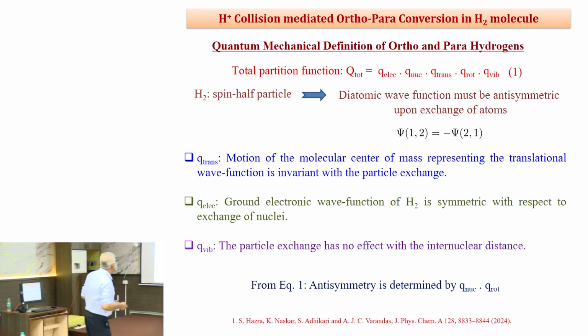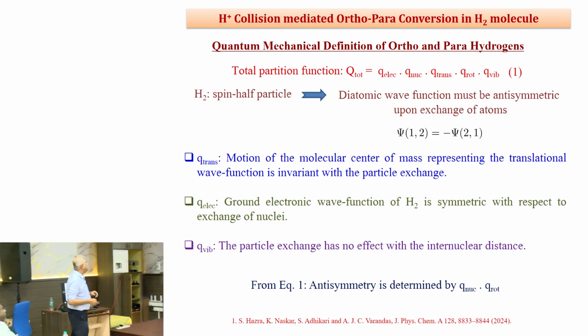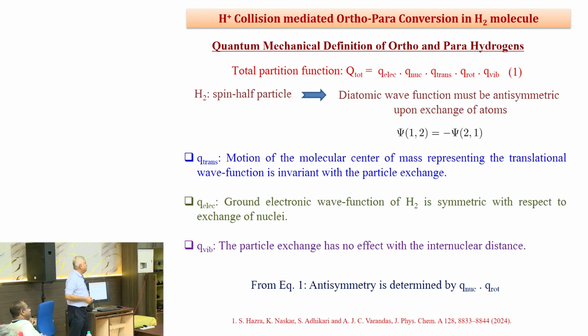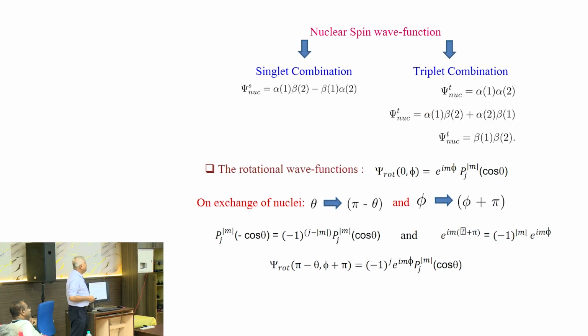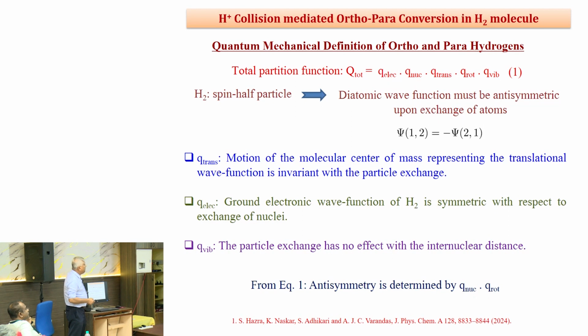One minor but very important thing I want to tell is about ortho-para. If you consider the singlet of H2, you have the nuclear combination wave function, this is the antisymmetric, and this is the symmetric triplet. Now, the total product is electronic, nuclear, translational, rotational, vibrational.